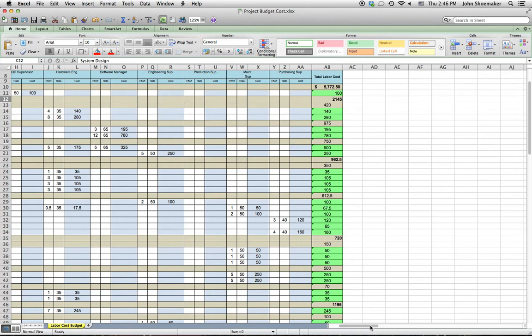Labor is not free. Regardless of how you pay for it, it is a cost to the project. And if you don't capture that cost, you really don't know what the true cost of the project is. And when you start comparing projects, or when you try to do a cost-benefit analysis, the cost-benefit analysis may not come up with the right answer simply because labor costs are not factored in.